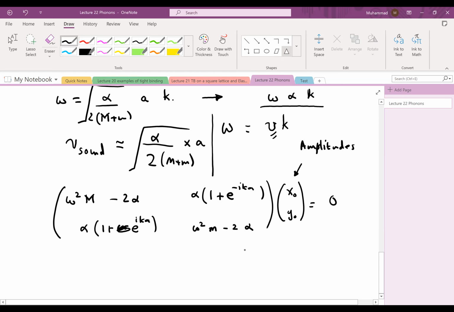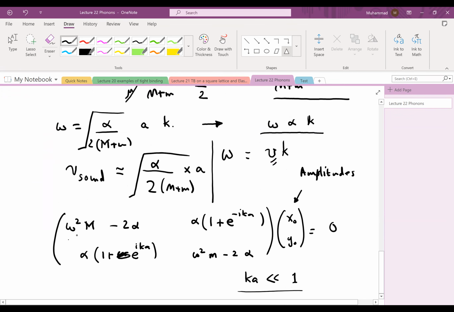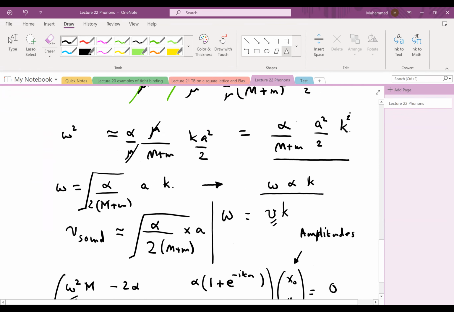So if you were to make the replacement that Ka is much smaller than 1 here, what we could do is the following. I just take my omega square and replace it with the value that I've obtained over here.